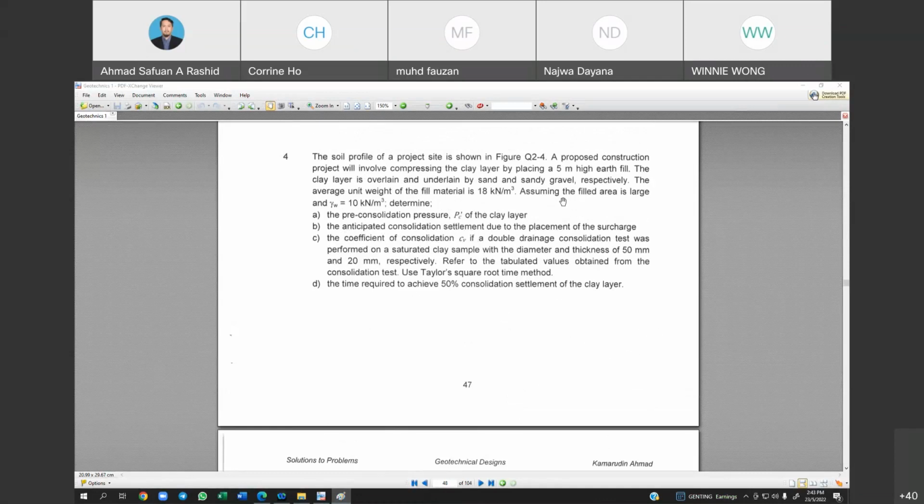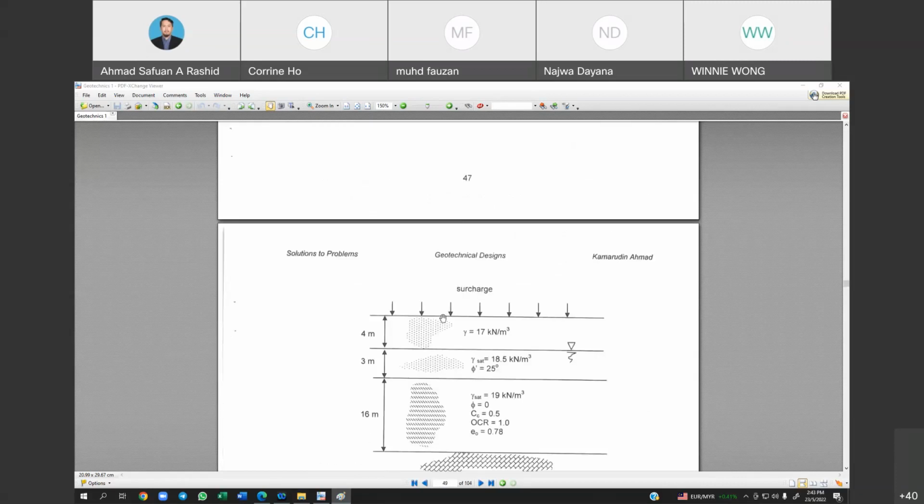The fill material is 18, times the height of the material, by assuming it is a large area, so 18 times 5 is equal to 90. The surcharge has the same value of stress because the area is too large.